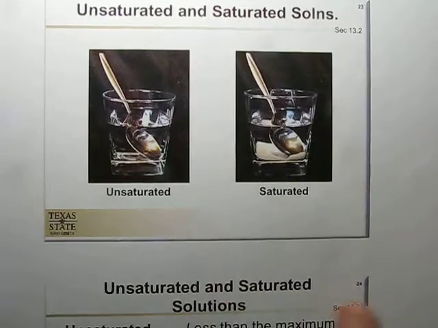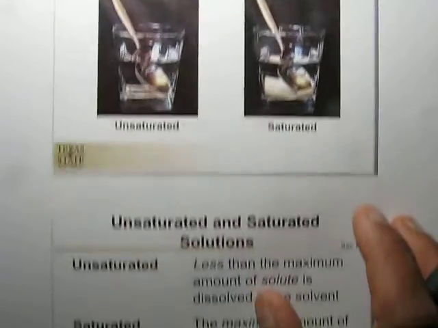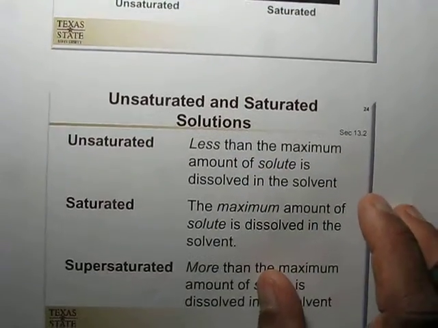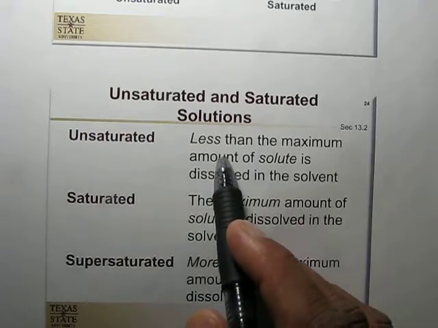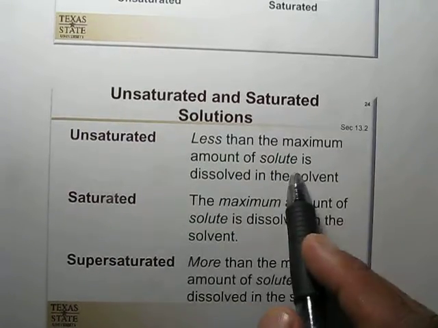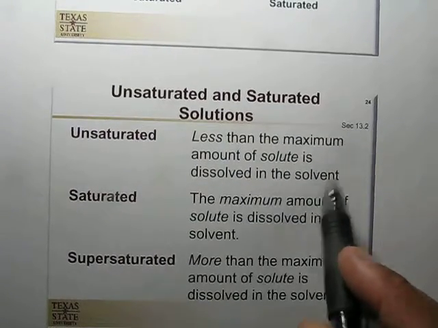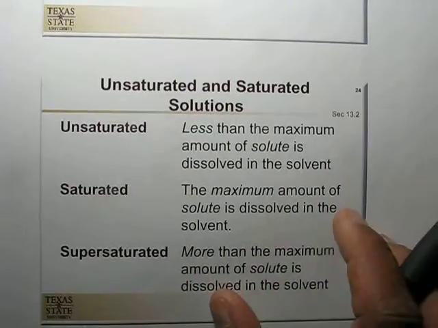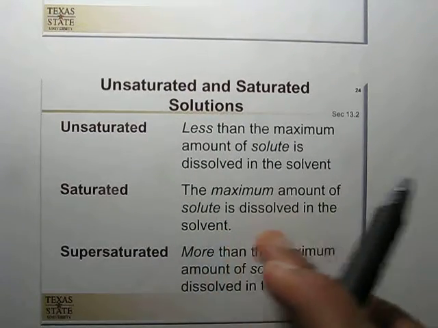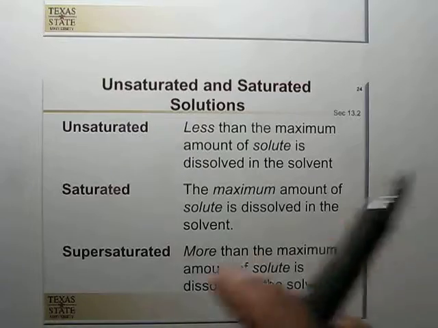So this solution is a saturated solution. It means it has reached its maximum solubility. So there are terms: unsaturated means less than the maximum amount of solute is dissolved in the solvent, saturated means the maximum amount of the solute is dissolved in the solvent, and supersaturated.